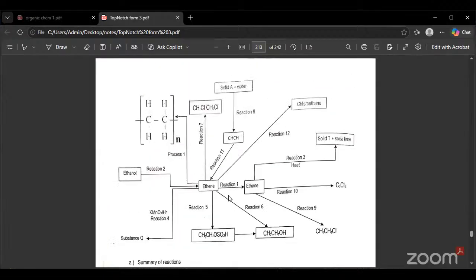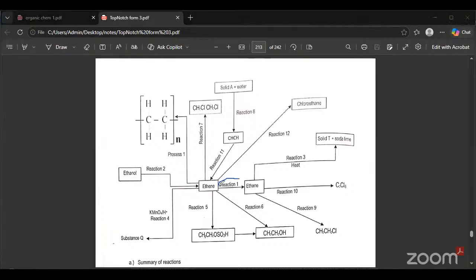So for example, let us see reaction one. I'll show you reaction one. Now the good thing about what we are going to do is that this one is reaction one. We are changing ethene to ethane. Now what is that process? What are we doing?